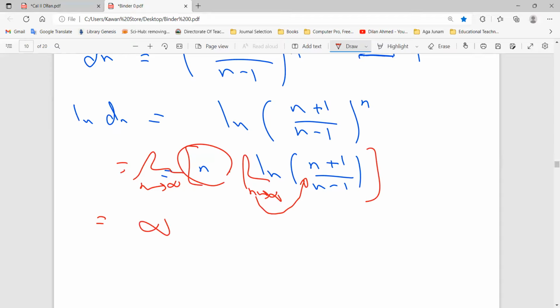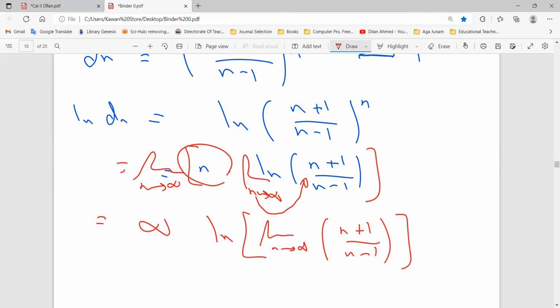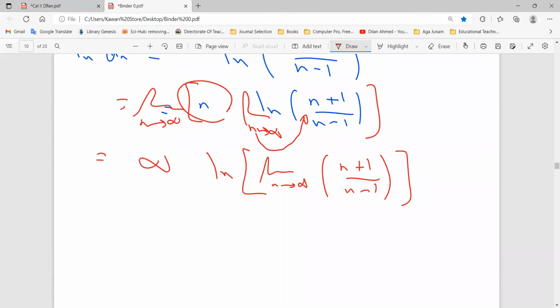Have you seen a gap in the ln graph? No, there's no gap, so it's continuous. Now it's polynomial, I'll get what? It's equal to 1. And ln of 1 is 0.